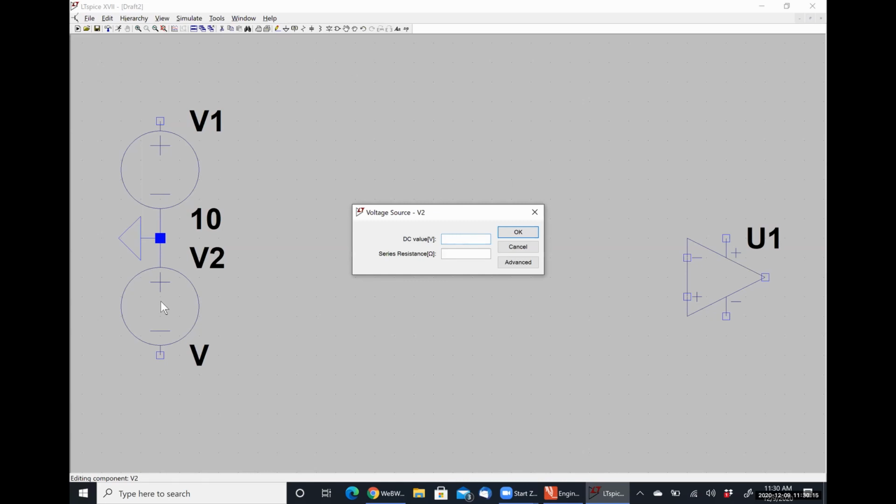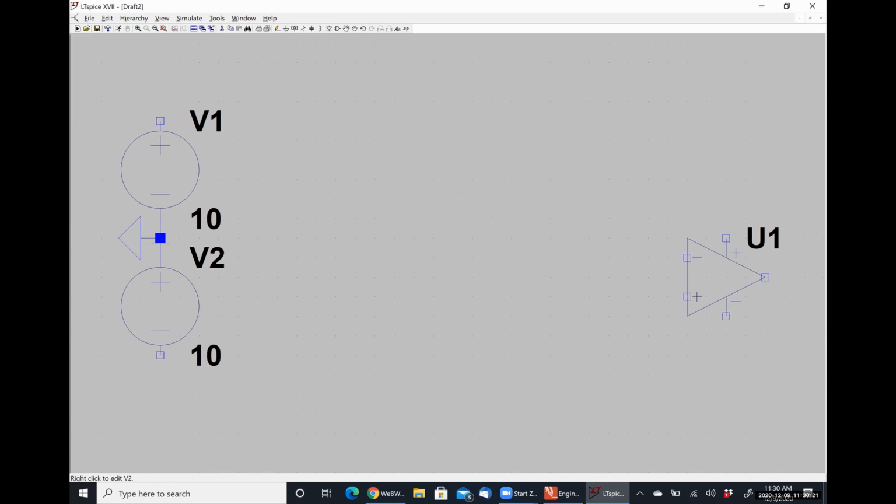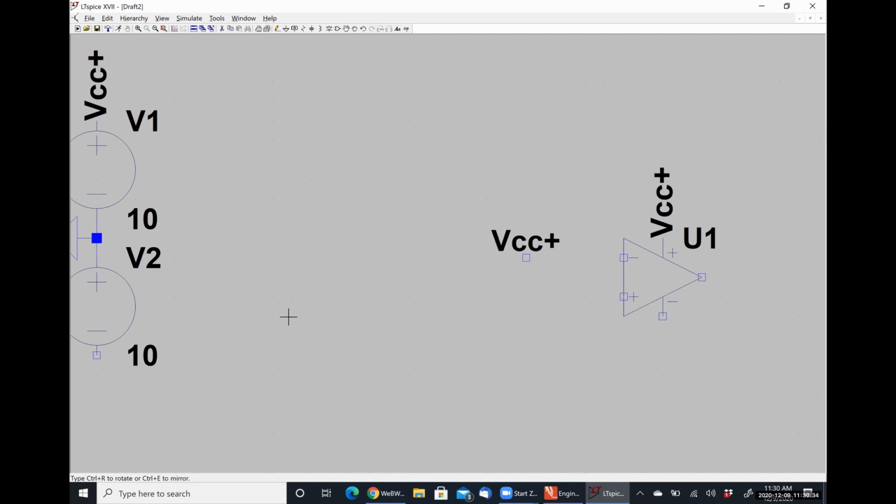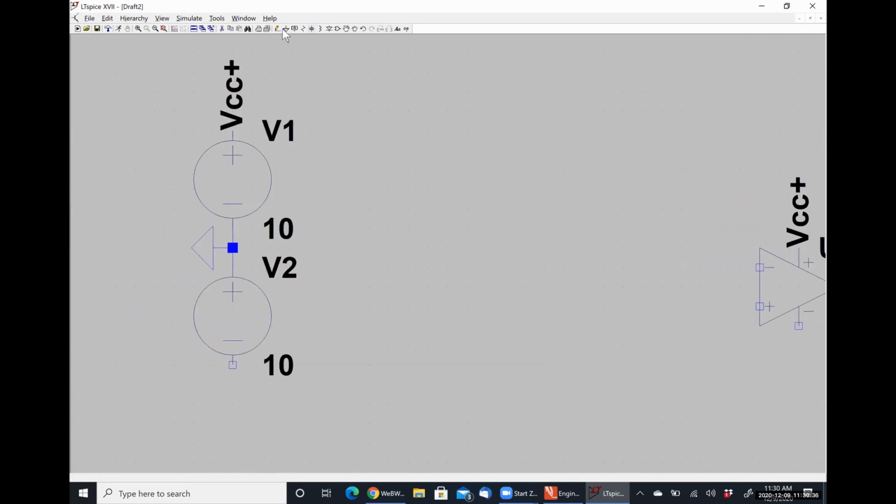Needs to be a number less than 10. Negative 10. All right, that makes it easy enough. VCC plus goes here and here. VCC minus goes here and here. All right.